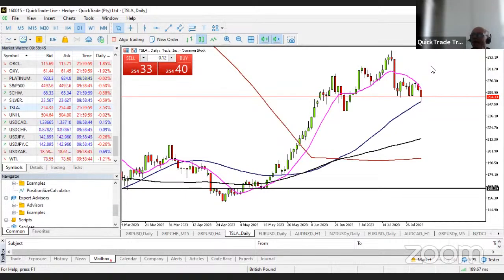So I don't take that into account as much as I would on maybe the NAS or the currencies. The more important than the 10 is the 50 and the 200, and it's clearly bounced off the point of that 50. That's why I suggest you all have it, see how they work very powerfully. And instead of cluttering it up with all lagging indicators, this is a very powerful one to assist you.